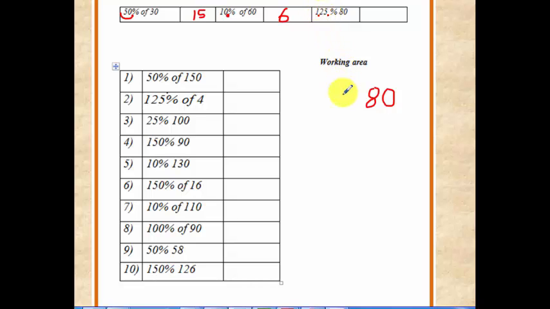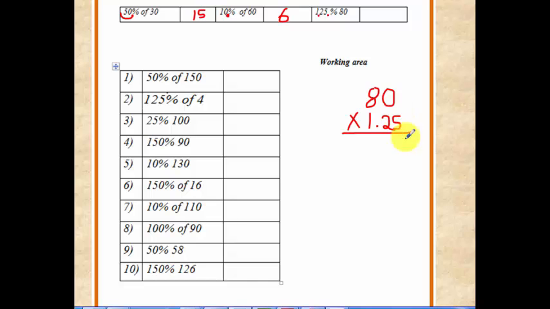So now it's 1.25. So we're going to multiply that 1.25. Or in essence, 1, because it's over 100%, times 25 hundredths. Let's not make this hard though.